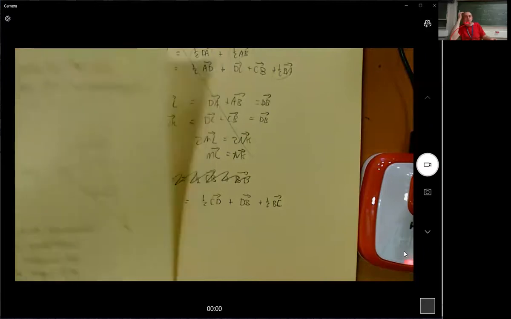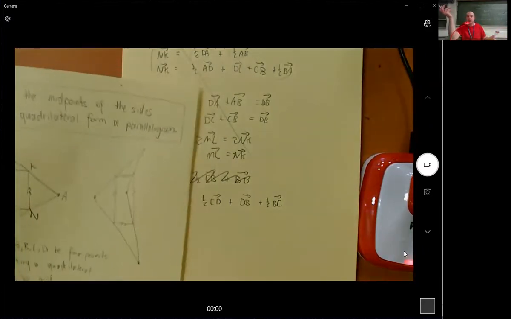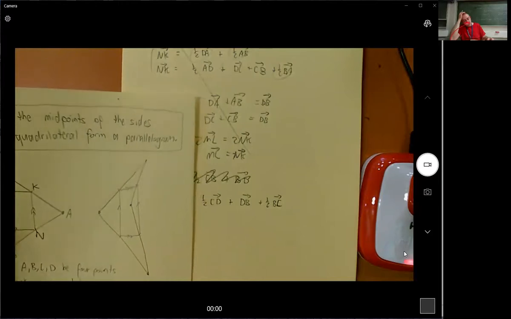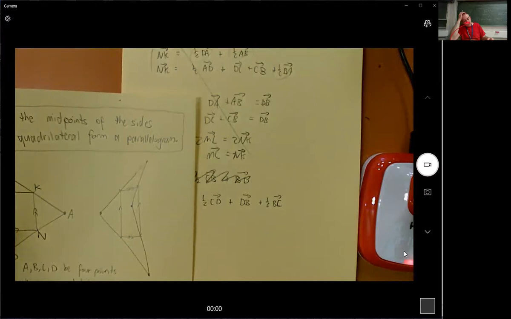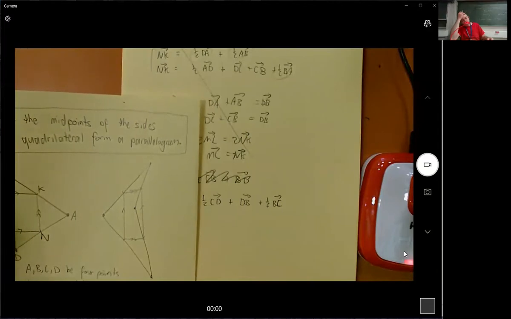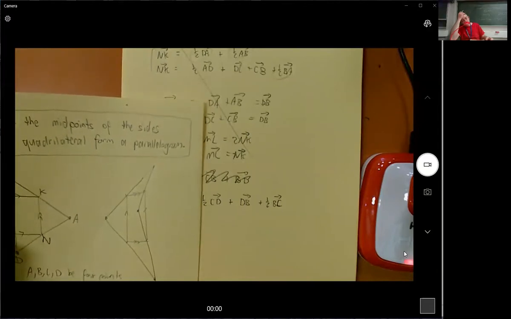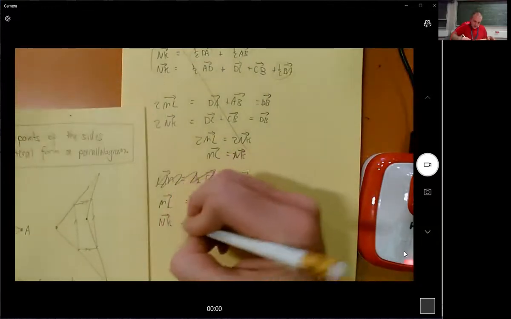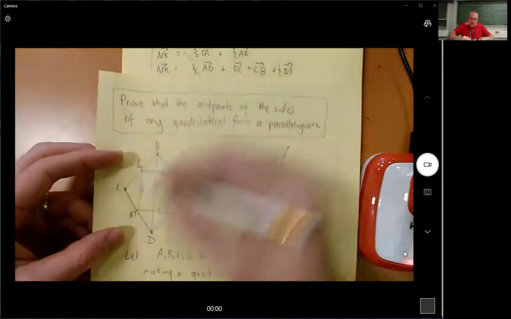I don't see really a better way. Like it's not that much better. Yeah, I don't see how that's all that much better. But I guess, maybe if I did the NK in a similar way, but come around this way and come past here.